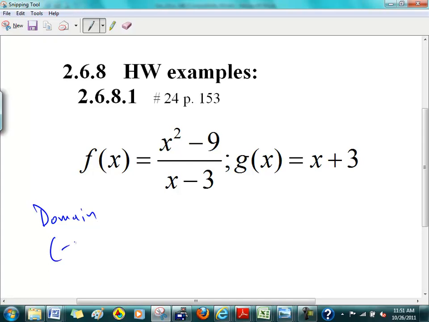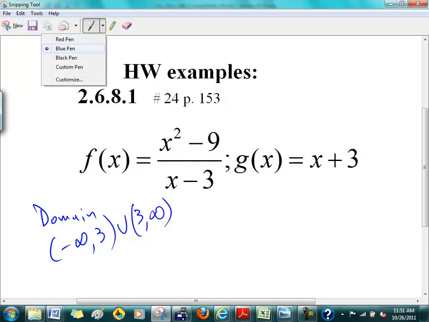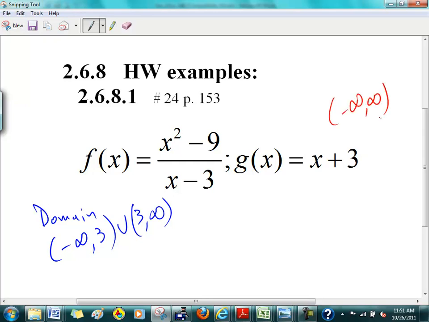So it can be anything from minus infinity to 3 union 3 to infinity. What about g? Sorry? It can be anything. Right? G can have any value, so it's minus infinity to infinity.